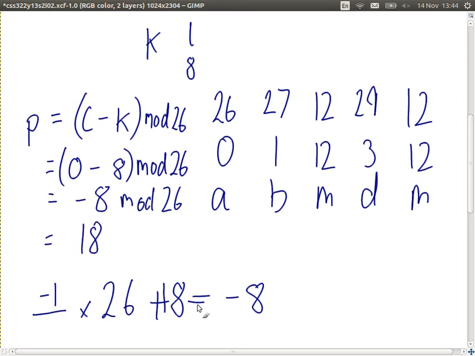So if this is true, then minus 8 mod 26, what's the remainder? The remainder for minus 8 mod 26 was 18. So that's how we deal with negative numbers in mod. It's easy to see the concept, you just go back and wrap around where necessary. But we'll see later mod comes up with different algorithms.